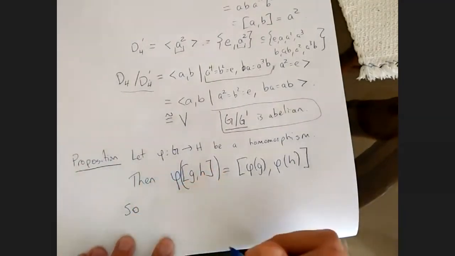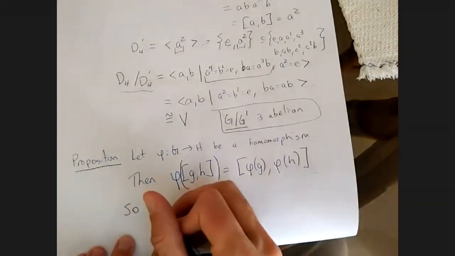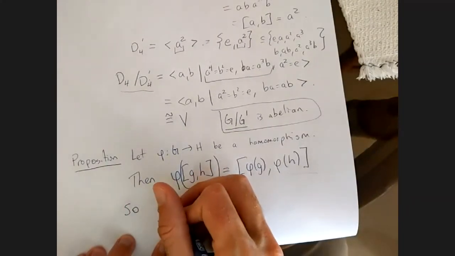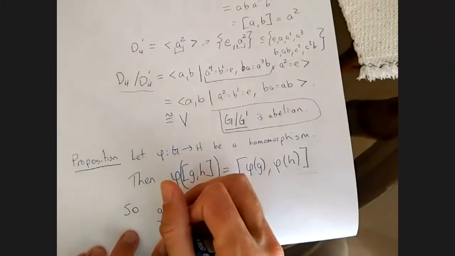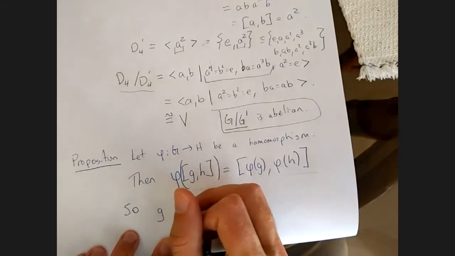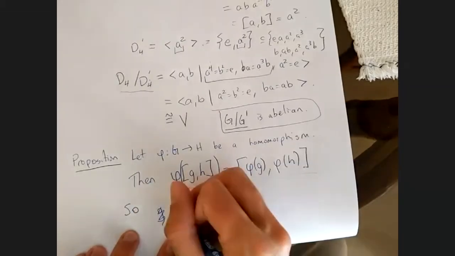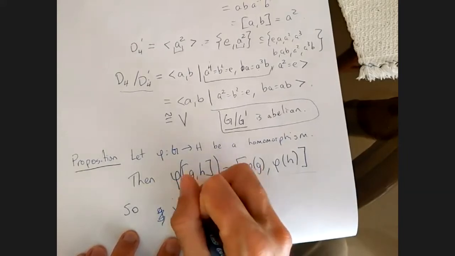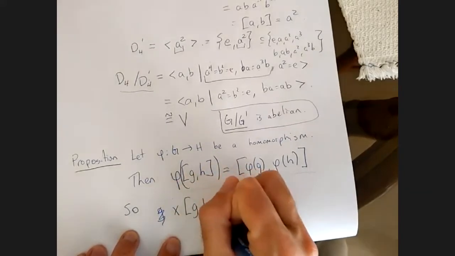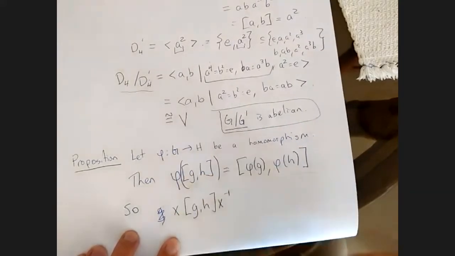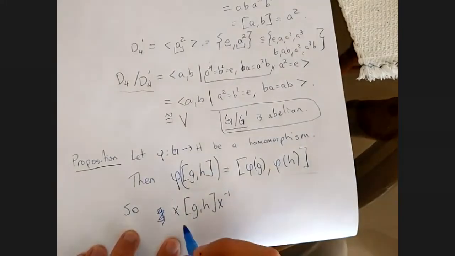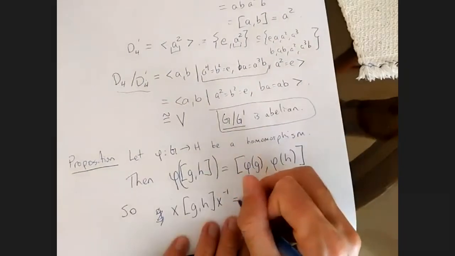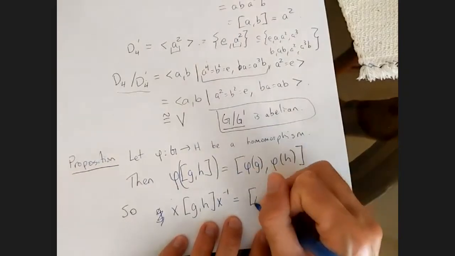As a corollary to this formula, if I take the conjugate of a commutator, that is just the commutator of the conjugates.